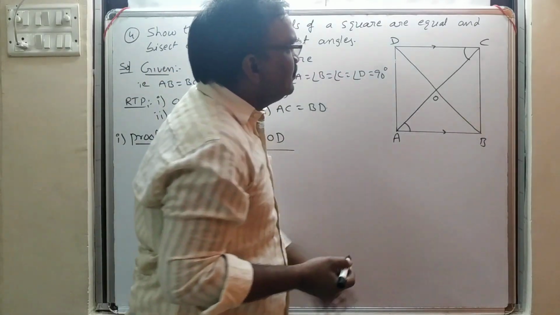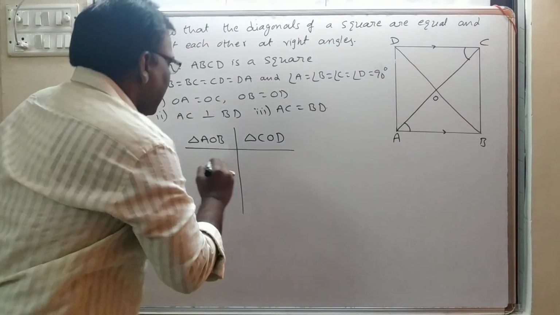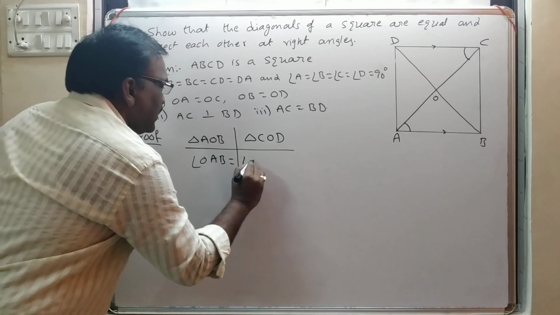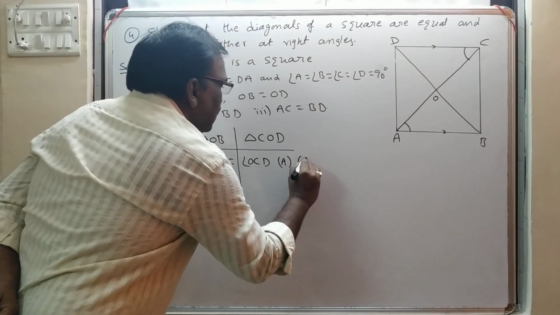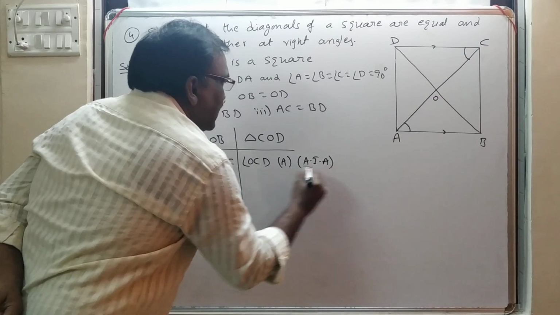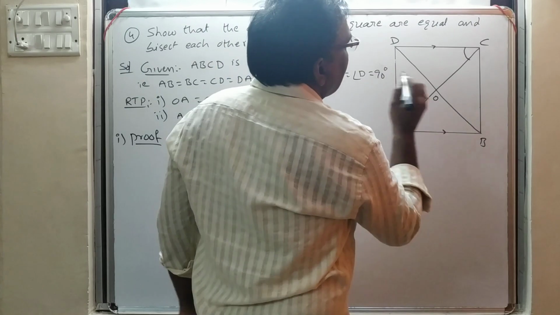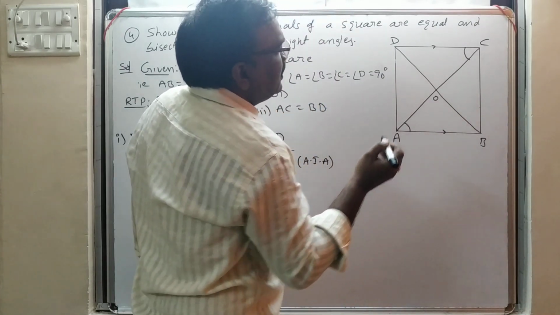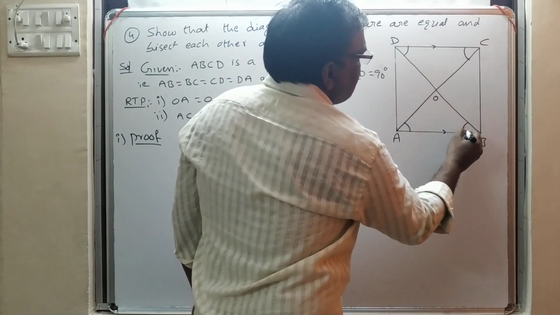These two are parallel. So angle OAB is equal to angle OCD. This one angle, alternate interior angles. Next, what about these two angles?